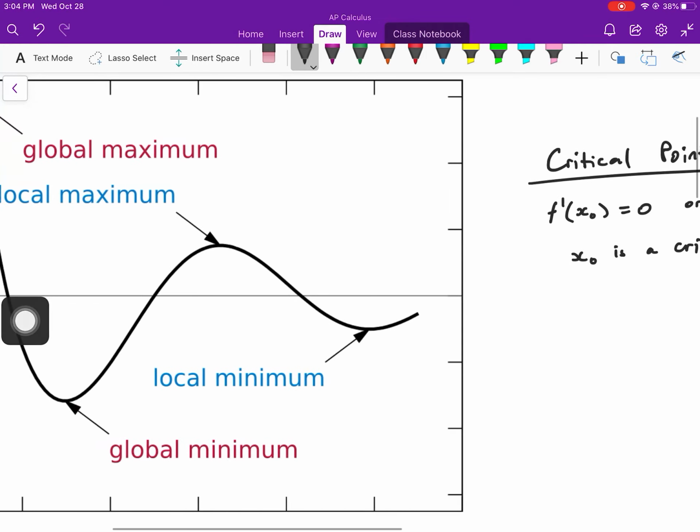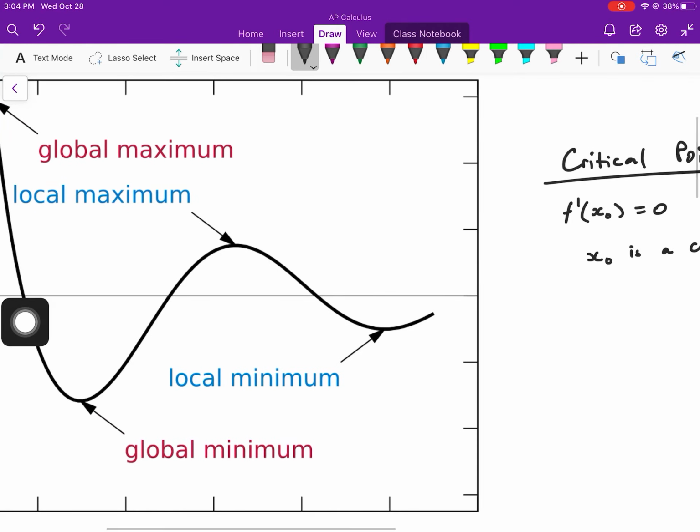And that's where we could possibly have these minimums or maximums, which makes sense because if the slope was 0, you would have a horizontal tangent. It's not necessarily a maximum or minimum because it could continue to increase and have that horizontal tangent where the derivative is 0. But more than likely, if there's going to be a maximum or minimum, it's going to happen at those spots.